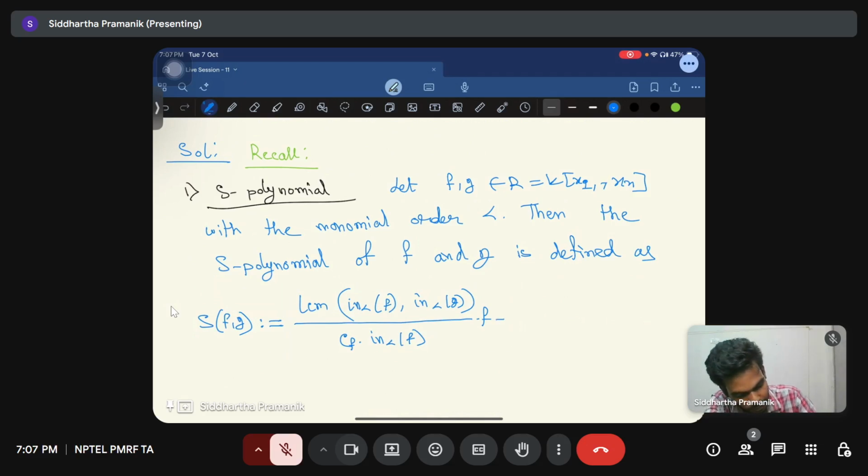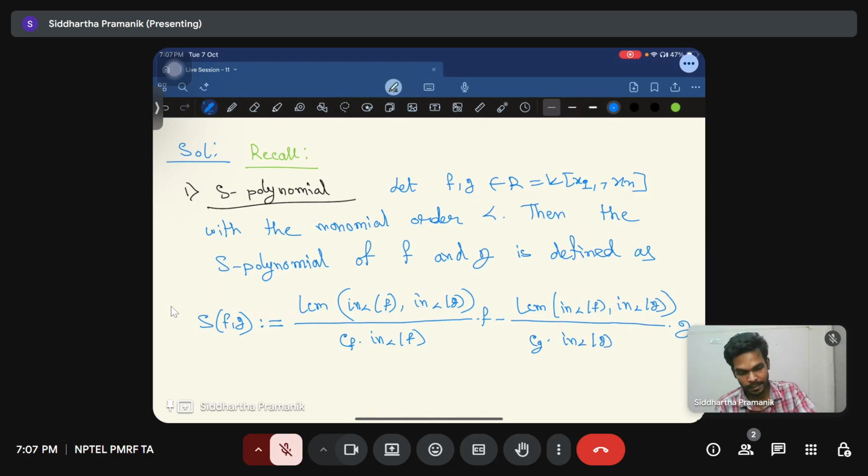Again, take the same numerator, the LCM of the initial term of f and the initial term of g, divide it by the coefficient of the leading term or initial term of g and multiply it with g.